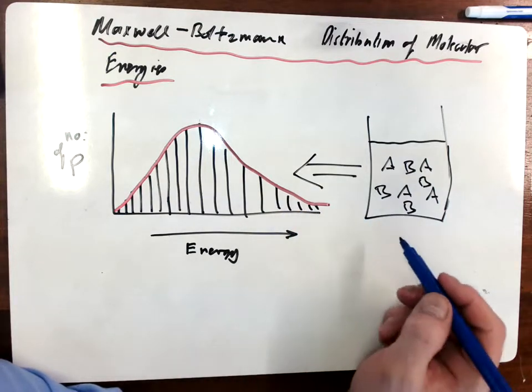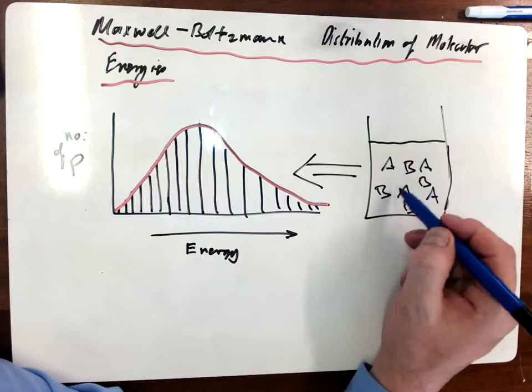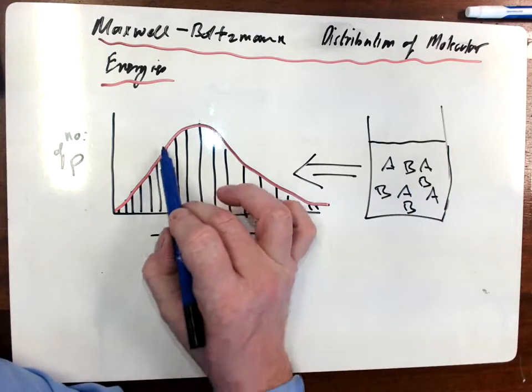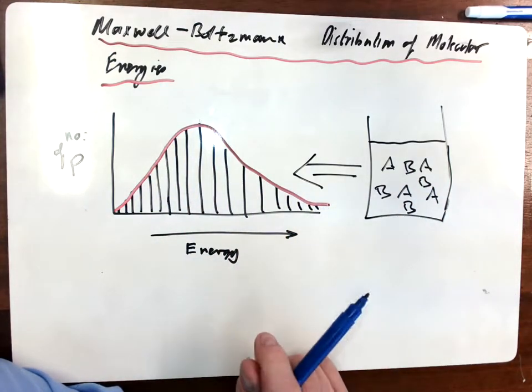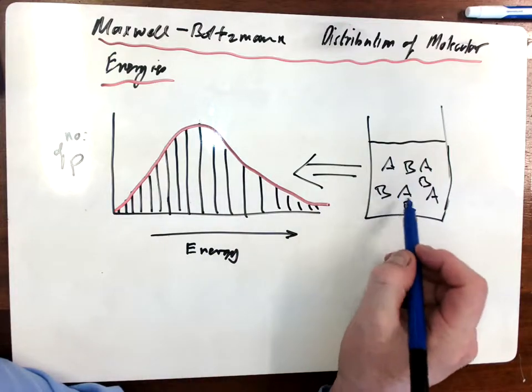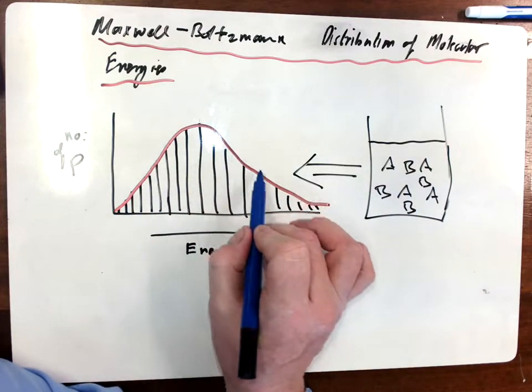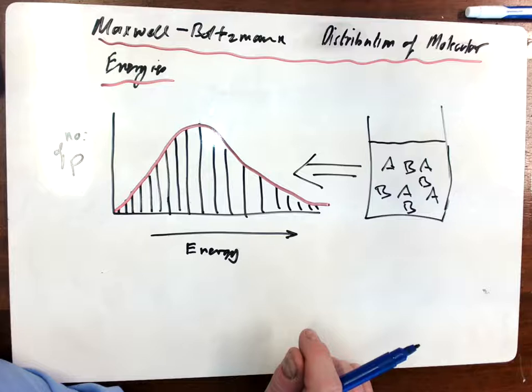Obviously I'm showing here that these have discrete quantities of energy and discrete speeds. But that is not true within a substance, and actually they have a continuum of speeds within the reaction mixture. So the red line is what you will see whenever you're talking about a Maxwell Boltzmann distribution of molecular energies.